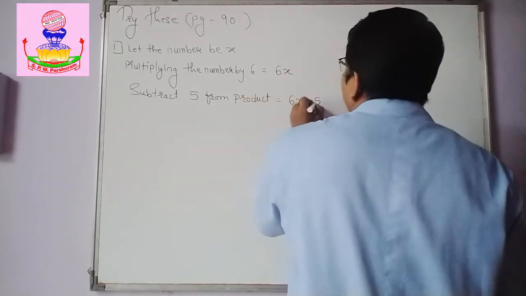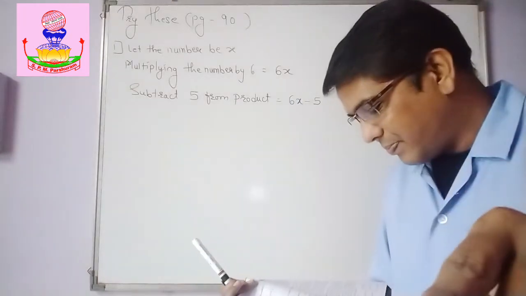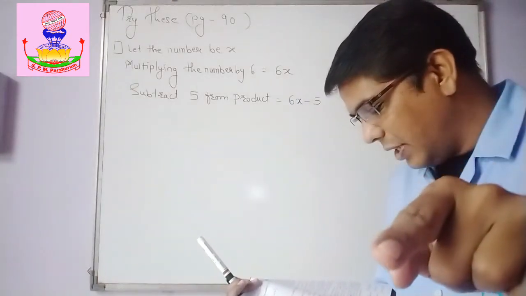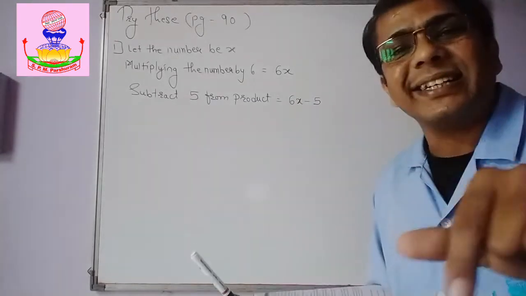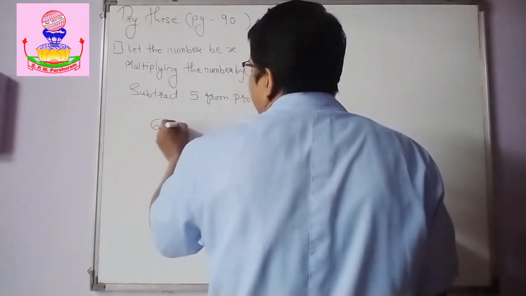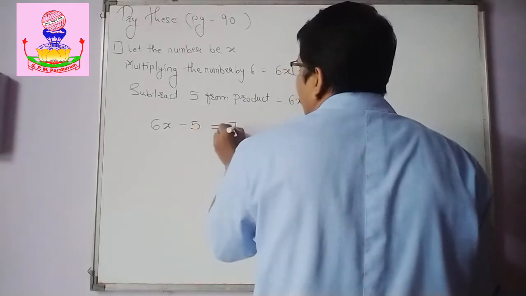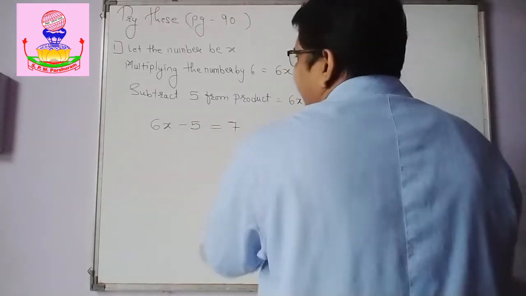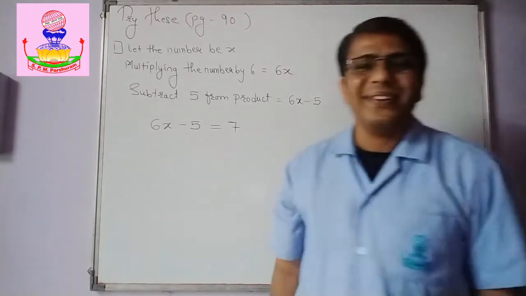So 6x minus 5, and when you do this, you get 7. So when I do this, the answer I get is 7. So it is like this: 6x minus 5 is equal to 7. So see here, I got the equation? Yes. Can I solve now?